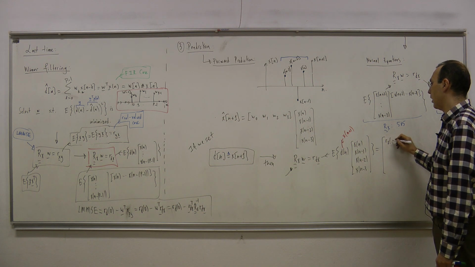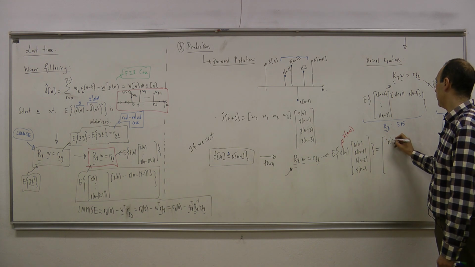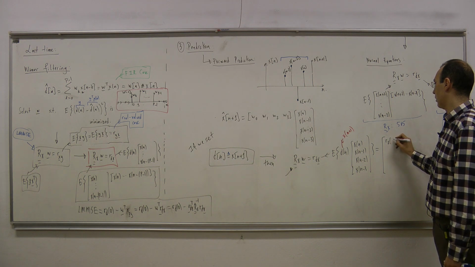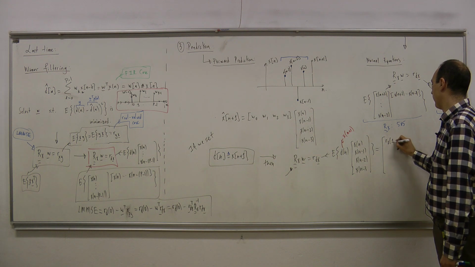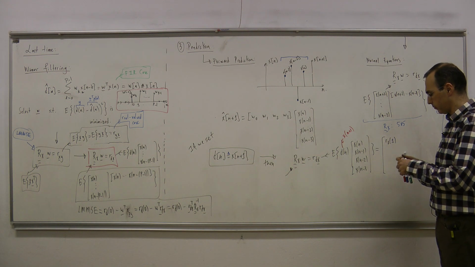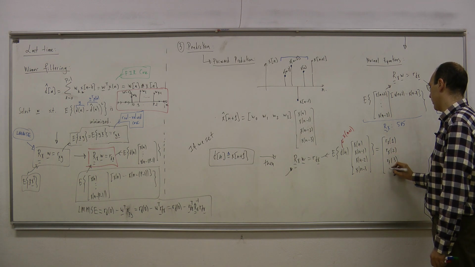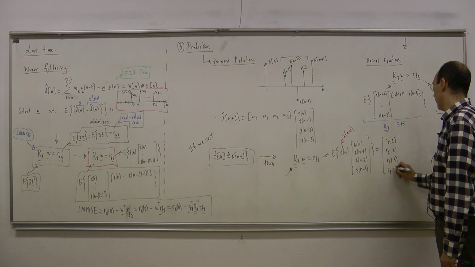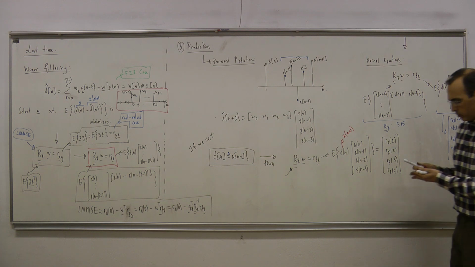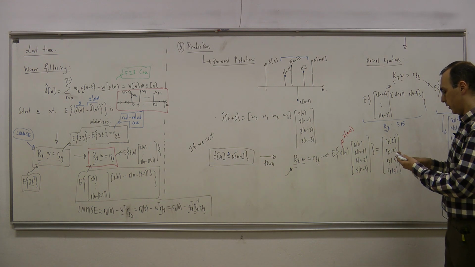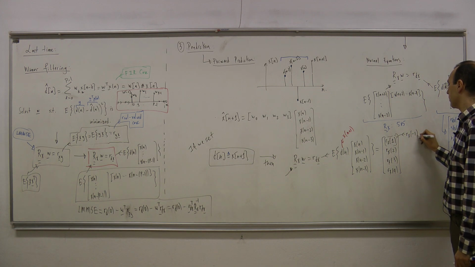So this becomes Rx of 1, then Rx of 2, 3, and 4. What's happening? Again, the first argument and the second argument, but please remember that this is also equal to, for the real valued process, Rx of minus 1.